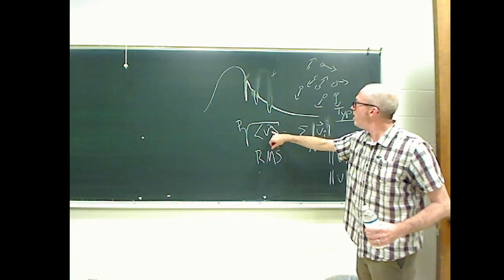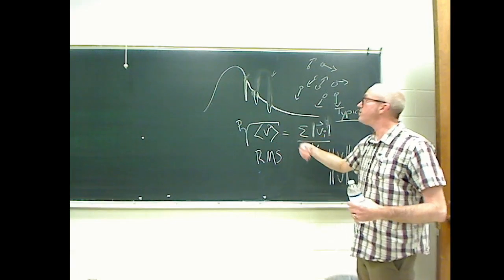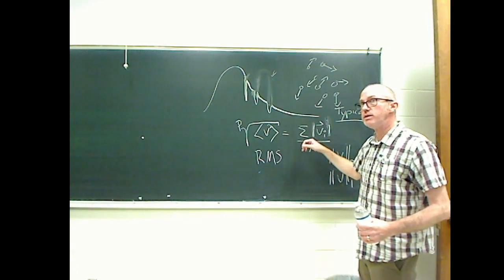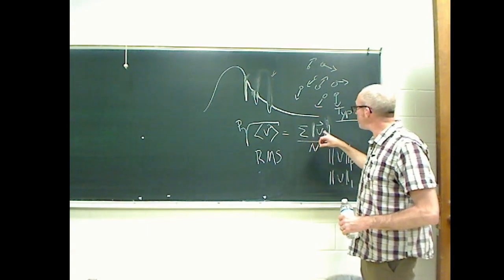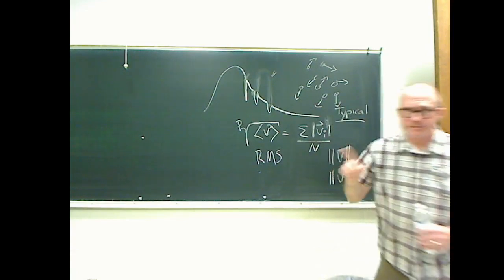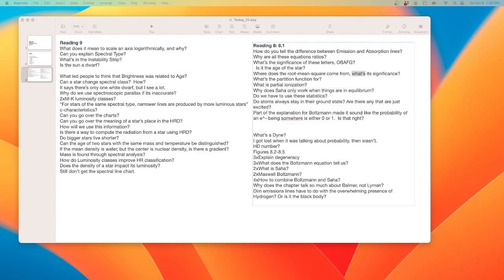The square has the advantage that it tells me the typical velocity. It also tells me the width of the distribution. It also has all these other statistical properties that are handy, whereas the absolute value doesn't. But the absolute value is a useful thing to use sometimes. So that's a good question. It's mathematically awkward, and the square is less awkward.